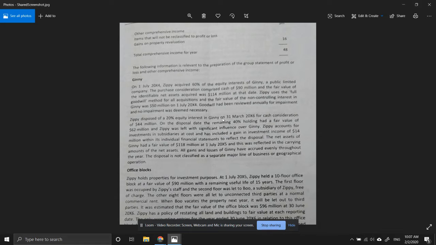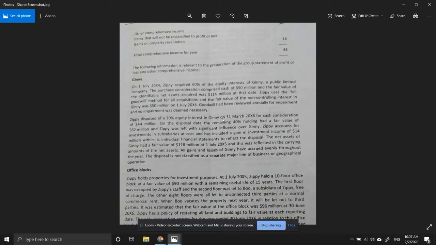So what do we need for significant influence? Control. When do we lose our control? What is the definition of control? It's basically when the investor has power over the investee, the investor is exposed to or has rights to variable returns from the investee, and the investor is able to use its power to affect those variable returns.